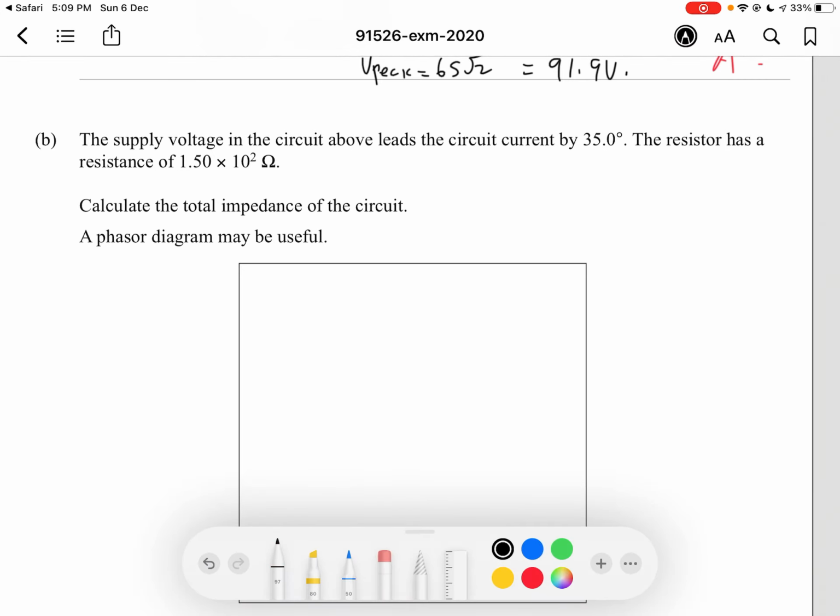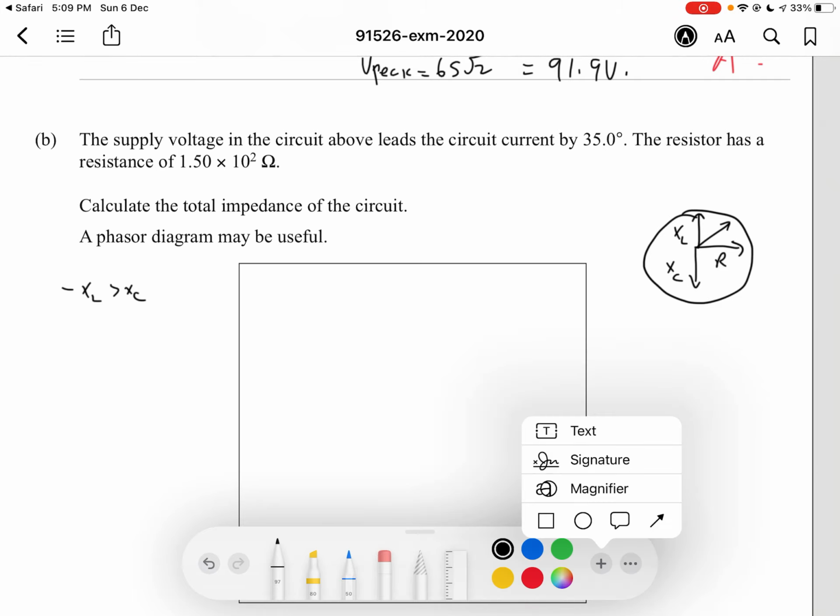So if I draw a phasor diagram here, we'll see. Here is our XL, this is our R value, and this is our XC. We know that the supply voltage leads the current, therefore XL is larger than XC. The overall circuit is inductive, so we can note down that XL is bigger than XC.